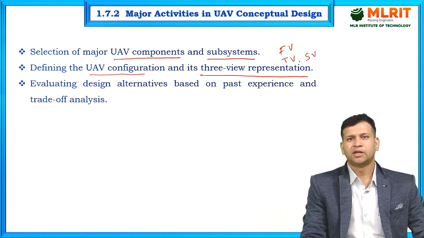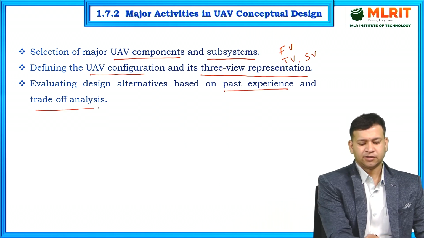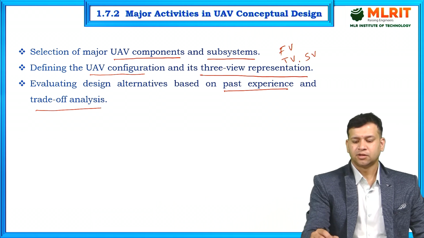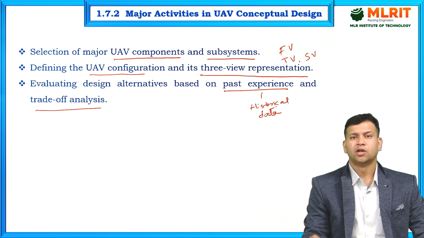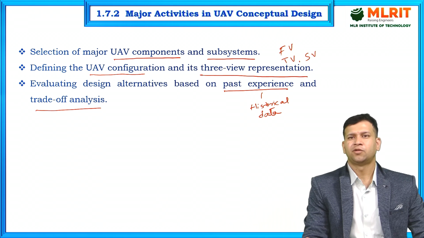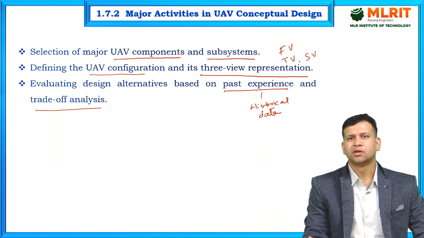Evaluating the design alternatives based on past experience and trade-off analysis. Here, past experience means the historical trends. This is historical data which is available. Based upon the historical data, it can be in the form of feedback, airworthiness reports, or the data which has been preserved by the designers and the flyers who use them in day-to-day life, and what they experience at a particular mission, at a particular altitude, how it is varying.